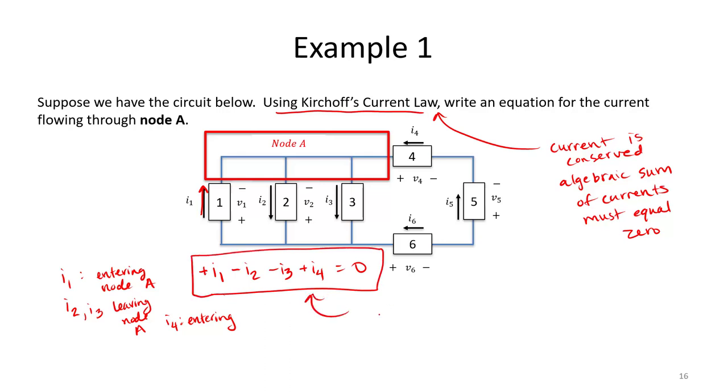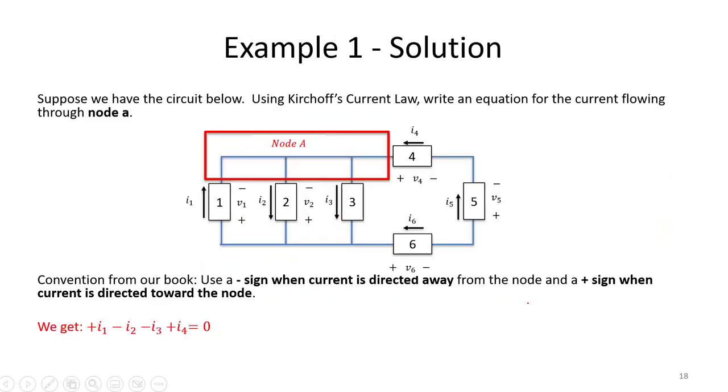So we know that the algebraic sum must equal 0. And there's our solution. Remember, it's very important to apply that convention consistently. We always want to give the same sign for current that's flowing in the same direction.